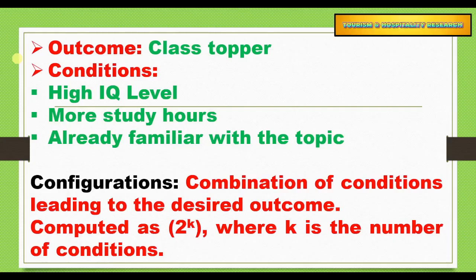Under certain circumstances, we can see that a student has a high IQ level, puts in more study hours, but is not familiar with the topic, but is still a class topper.